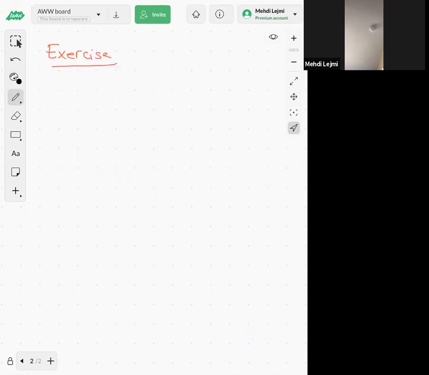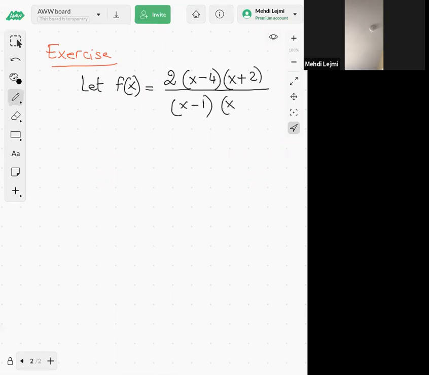Let's say f of x is equal to 2 times (x minus 4) times (x plus 2) over (x minus 1) times (x plus 1).